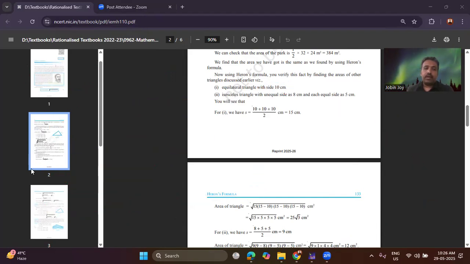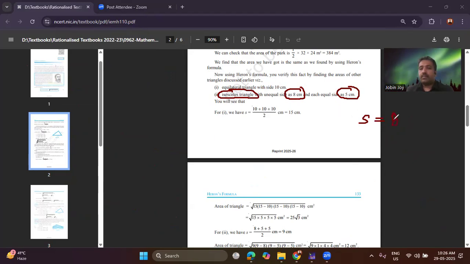Let's take another triangle. Another triangle is an isosceles triangle with one side 8 centimeter and the other two sides 5 centimeter, equal sides. So first of all, calculate the semi-perimeter.